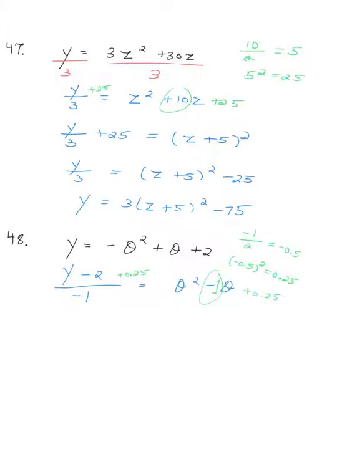And this gives me y minus 2 over negative 1 plus 0.25 is equal to theta minus 0.5 squared. I'll subtract 0.25 from both sides. Multiply both sides by negative 1.